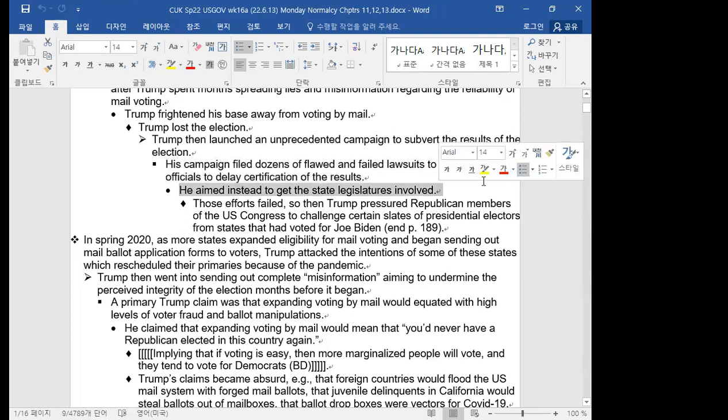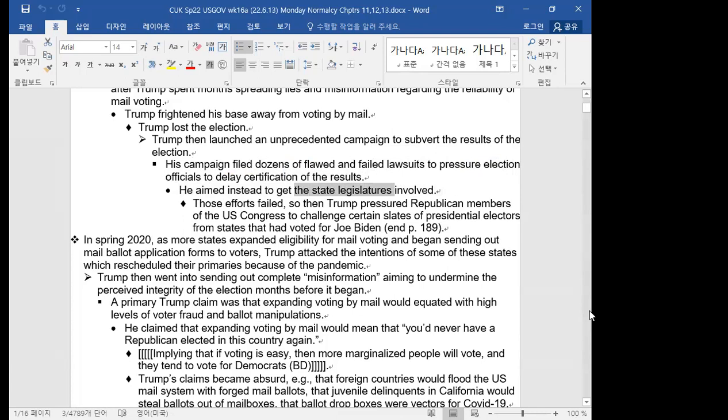His effort was basically to somehow get the state legislatures, the Ohio Assembly, well, not Ohio, because Ohio voted 8% in favor of Trump, but Pennsylvania, Michigan, Georgia, Arizona, to have those state legislatures declare that they could not guarantee that those results were free and fair, and that the state legislatures, according to the U.S. Constitution, they claim could themselves certify the electors that would then choose the president in the Electoral College.